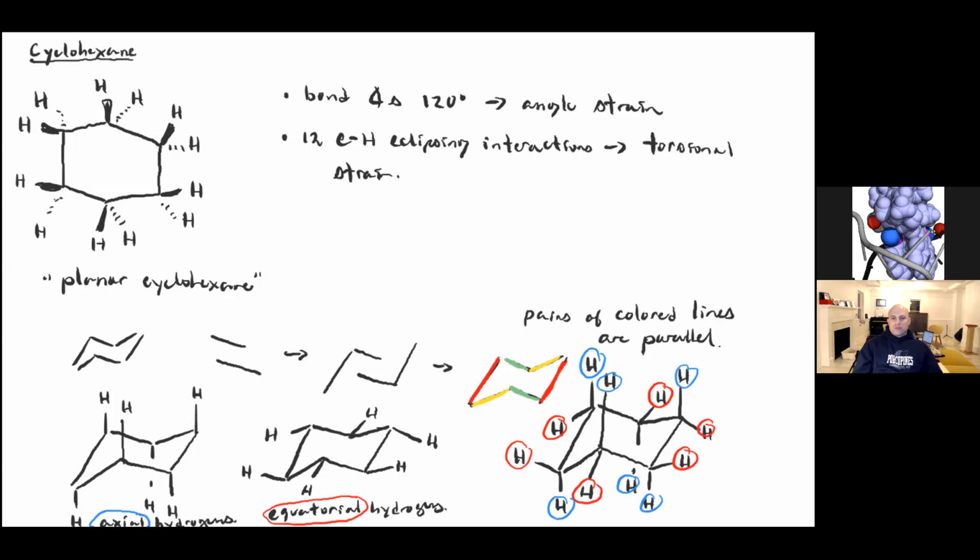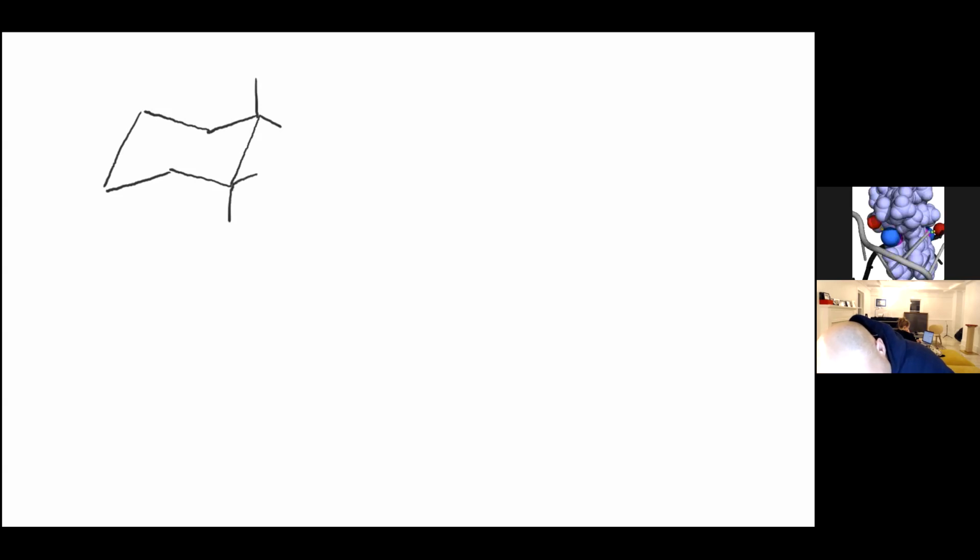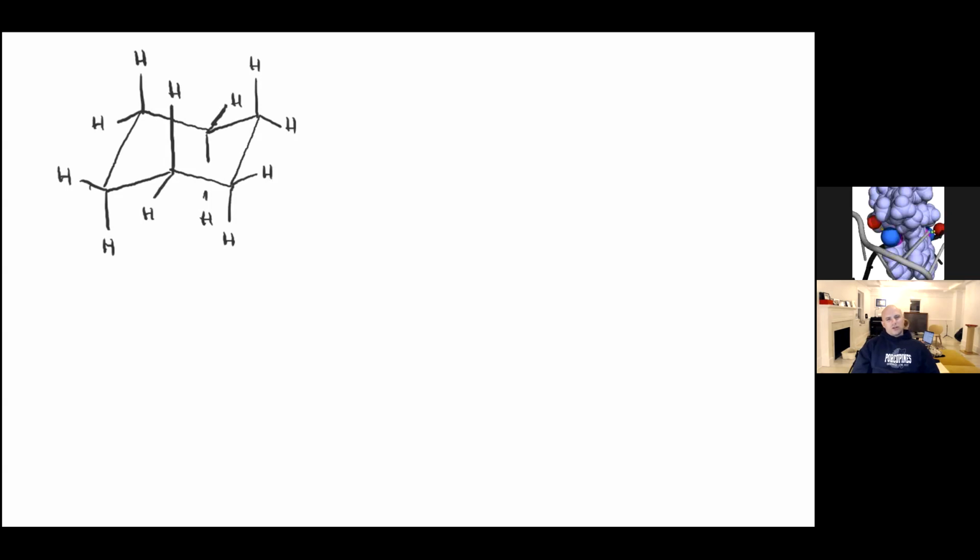And one way that might be helpful to think about this is to think of each carbon center as an inverted umbrella. All right. So let me draw that on the next slide here. I'll redraw the cyclohexane. Okay, so there's my cyclohexane with all its axial and equatorial protons.